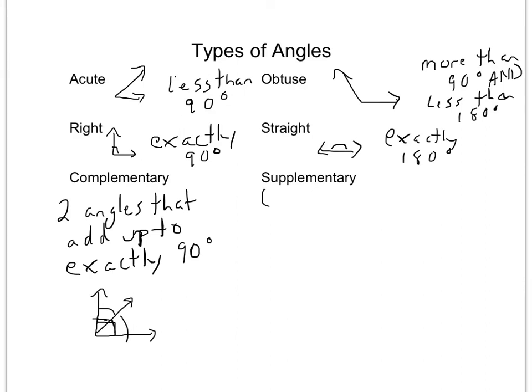Supplementary, sometimes you'll hear this called a linear pair, which should give you a hint. That's two angles because it pairs two angles, and linear means they form a straight line. So that form a straight angle.